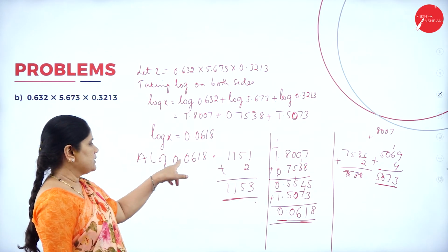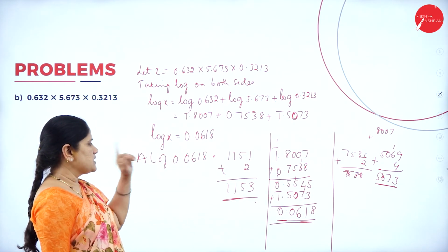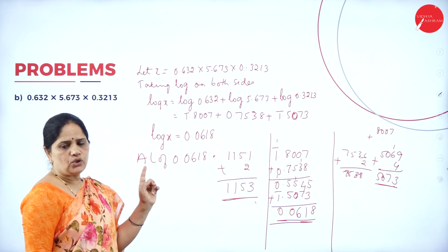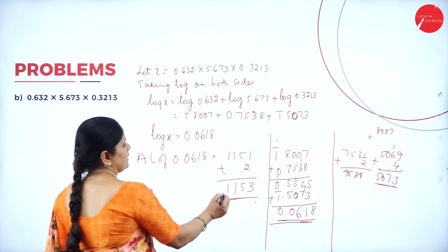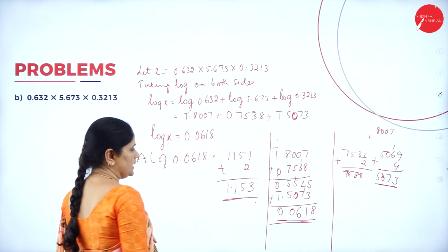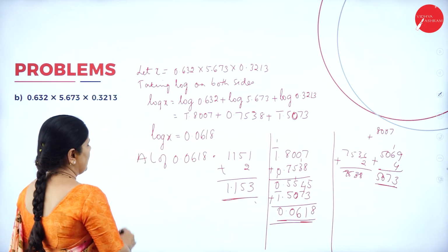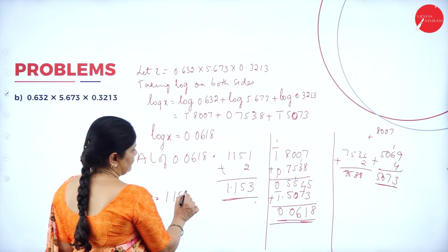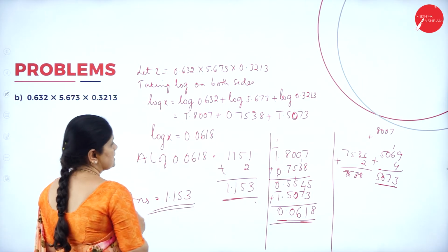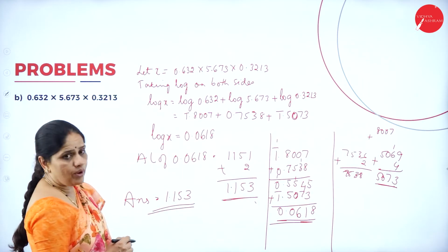Now you see here the decimal point, to the left of the decimal point I have 0. So 0 plus 1 is 1. So after one digit I am putting the decimal point. So the answer is 1.153. This is the answer for this problem.